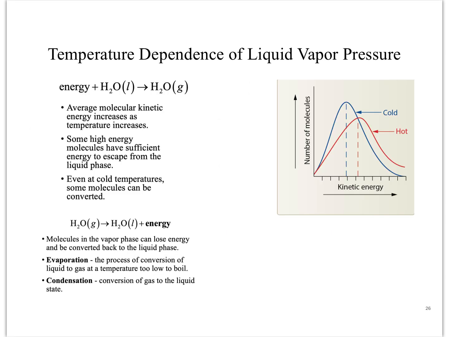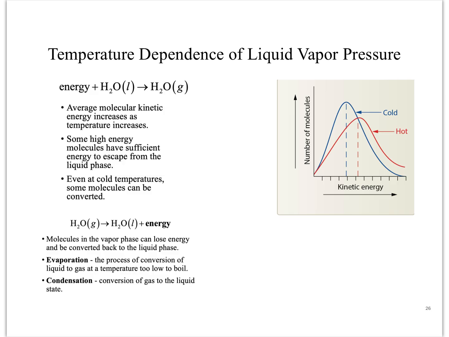Now we are going to think about how the temperature will affect the liquid vapor pressure. Because the vapor pressure comes from the vaporization, meaning that the liquid molecule will need to get some energy in order to escape the interactions of the molecules and go to the gas phase.